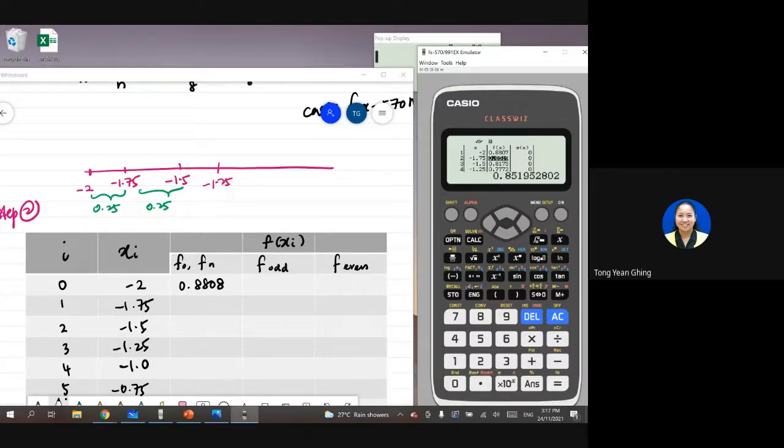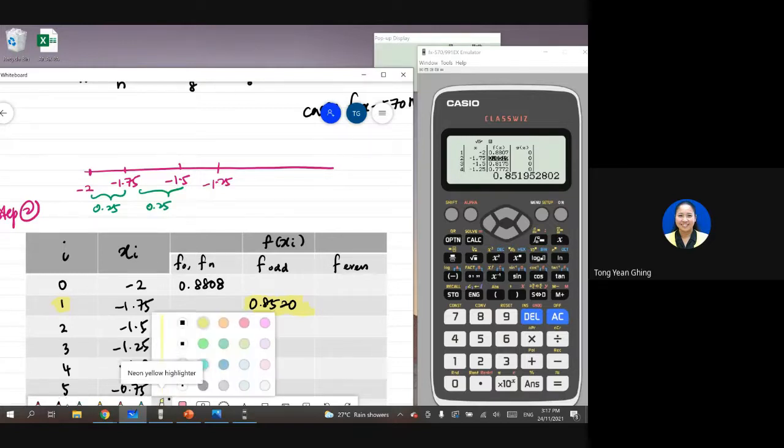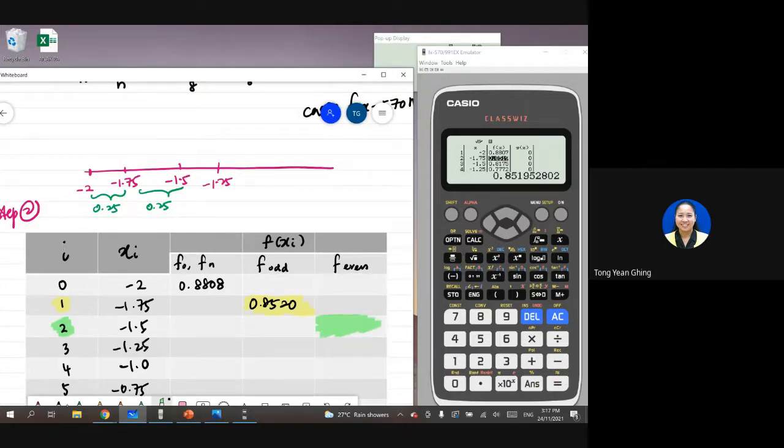Now we are in 1. 1 is odd, so I will have to put it in this column. This one is 0.8520. The next one is x2. 2 is even number, so I will put it here, saya akan tulis di sini.